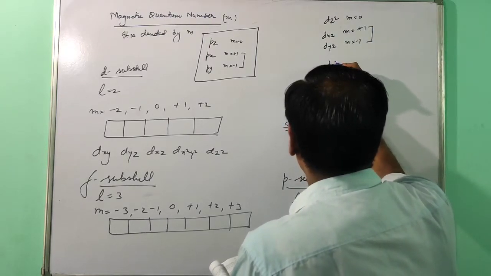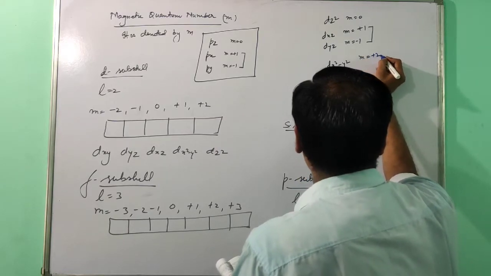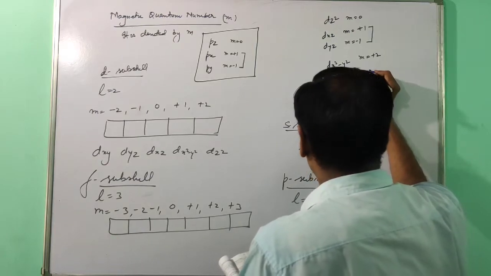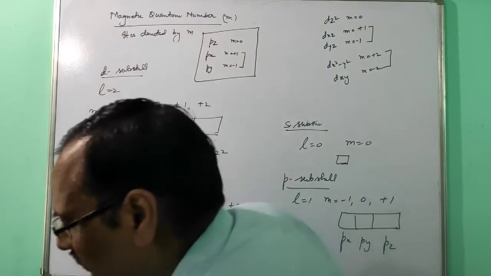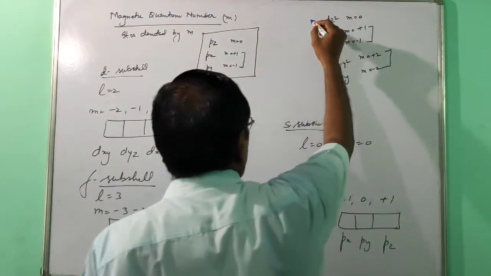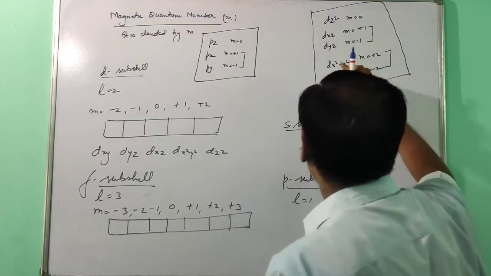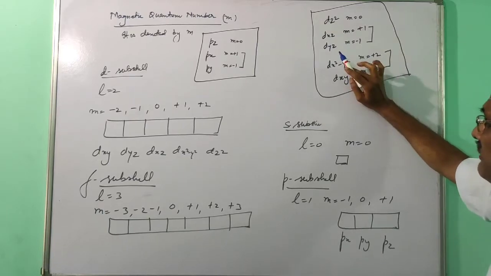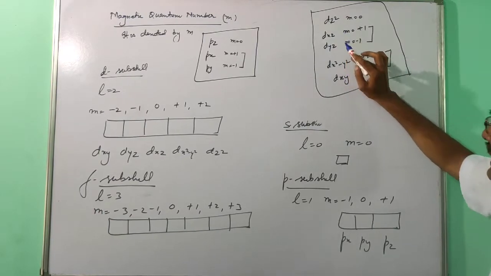Then for dx square minus y square, m is equal to plus 2, and for dxy, m is equal to minus 2.